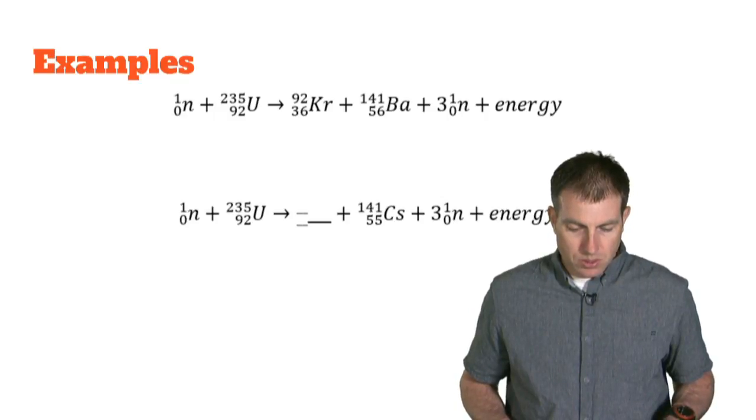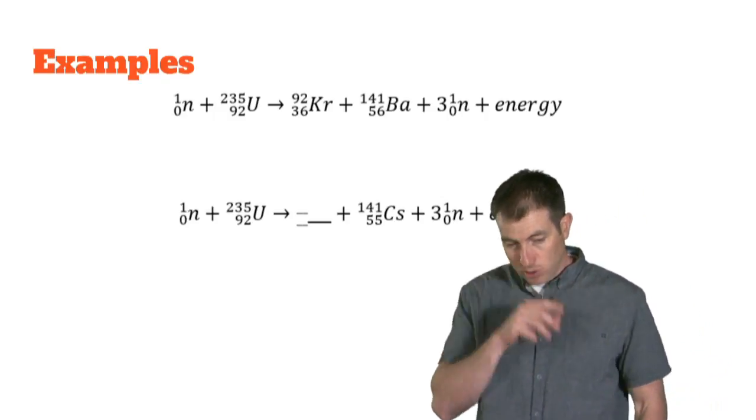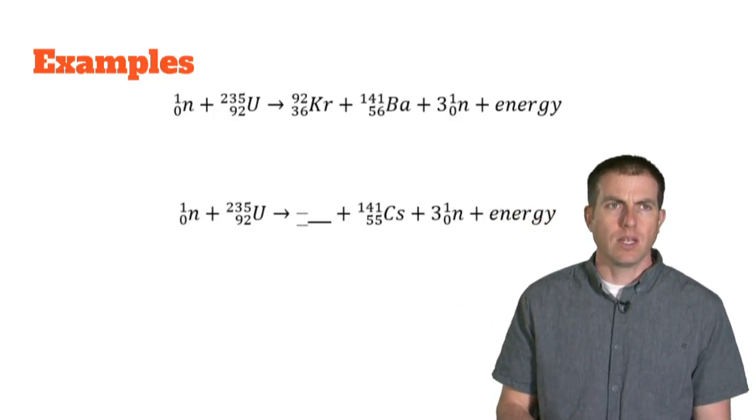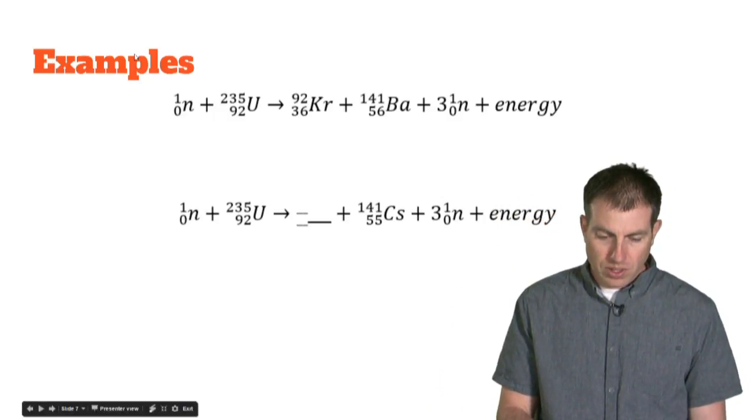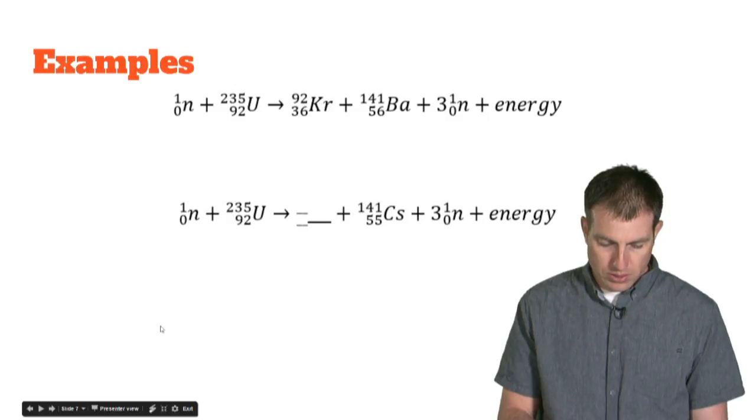So let's look at an example, and we'll try to figure out what we're missing. Basically this is uranium-235.